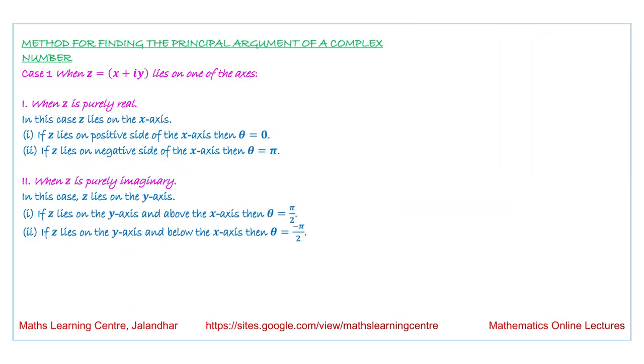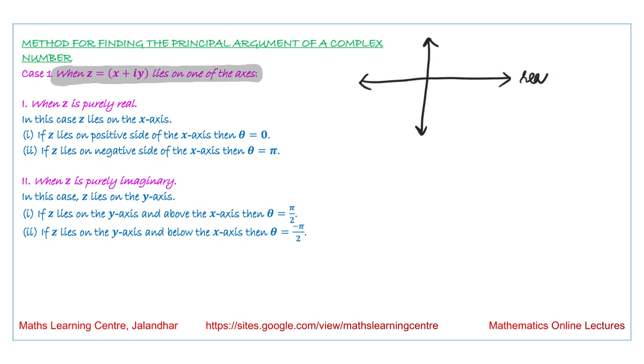So the first case is when z is equal to x plus iota y lies on one of the axes. We are talking about the complex plane over here. This is the real axis. This is the imaginary axis.